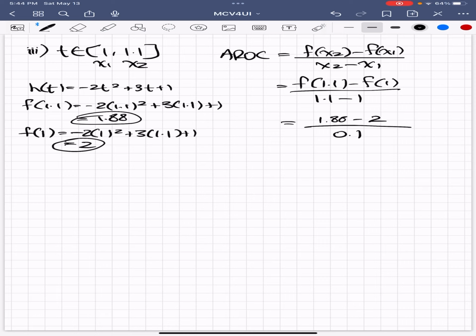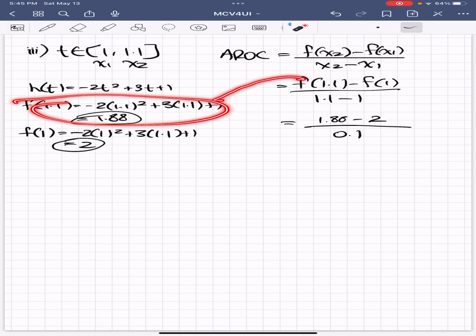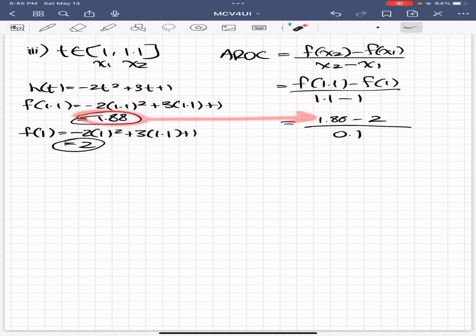You can see how we got those numbers. f of 1.1 would be 1.88, f of 1 would be 2, and it's minus.